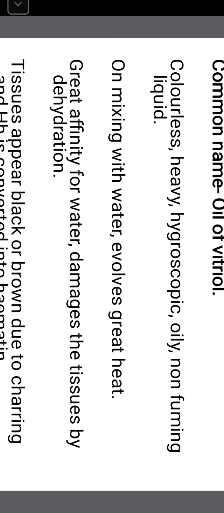It has great affinity, meaning attraction, for water. So when it comes in contact with any part, any organ, any tissue of the body, the water will be lost from the tissue, absorbed by the acid, and the tissue will suffer from severe dehydration.